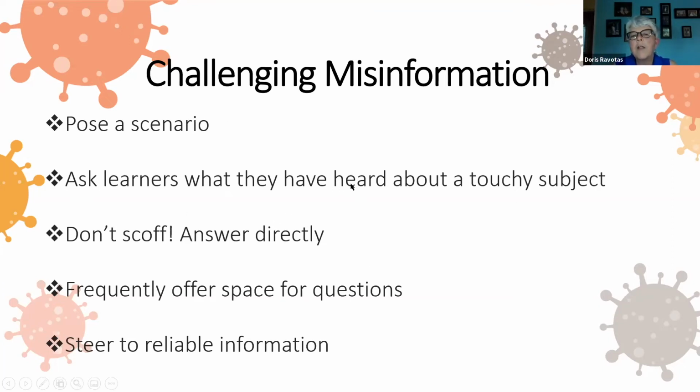Asking learners what they have heard about a touchy subject. Sometimes they're willing to say, yeah, I have heard that this will change my DNA. And that also gets them to talk about what their concerns are. And more, what have you heard, then what do you believe about this, will help with that.